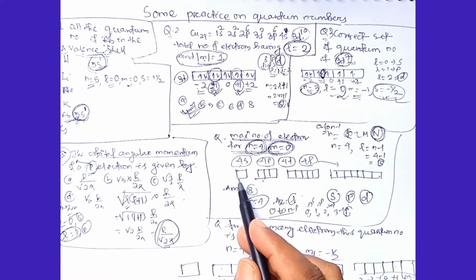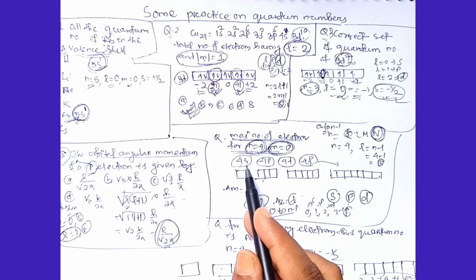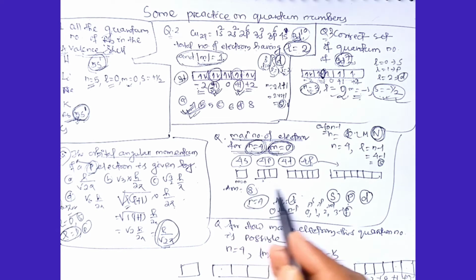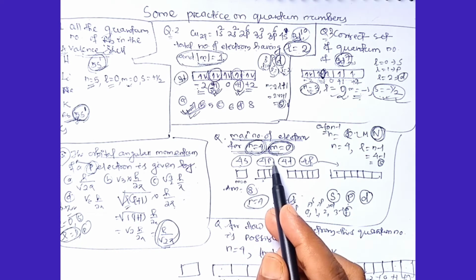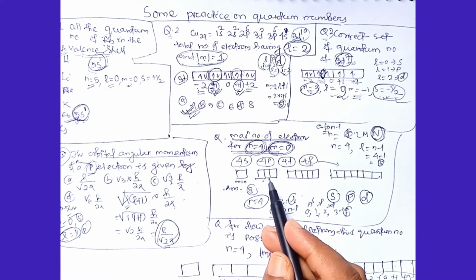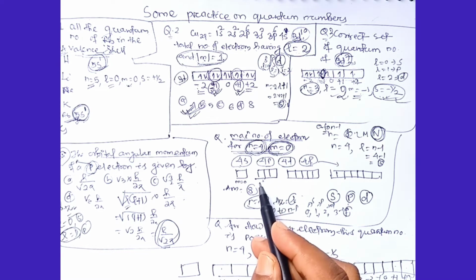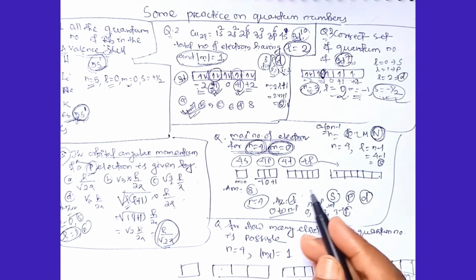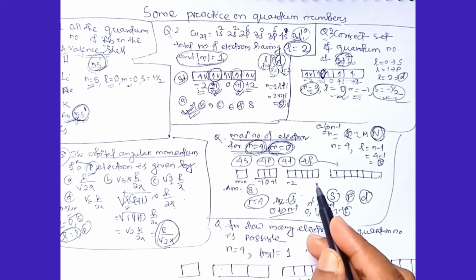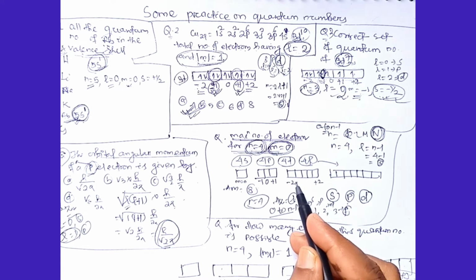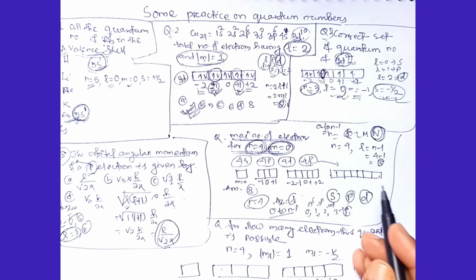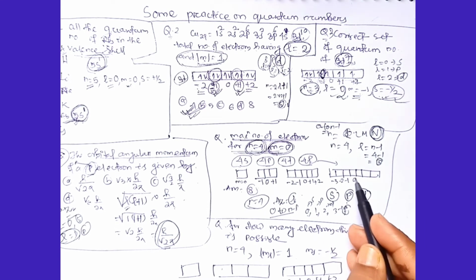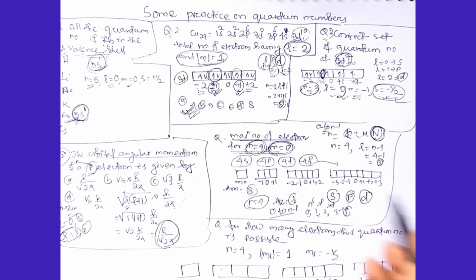When the electron resides in the 4s orbital, obviously its m value is 0. For p, the values vary from minus 1 to plus 1 through 0, and for d the values vary from minus 2 to plus 2 through 0: minus 2, minus 1, 0, plus 1, plus 2. Similarly for f: minus 3, minus 2, minus 1, 0, plus 1, plus 2, plus 3.